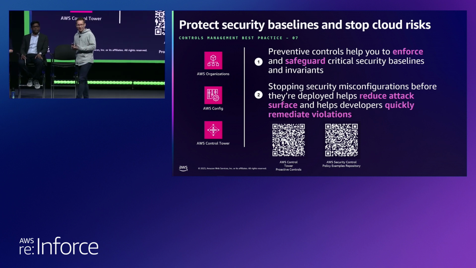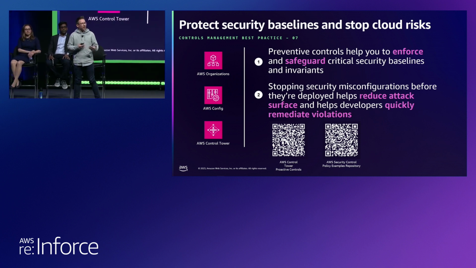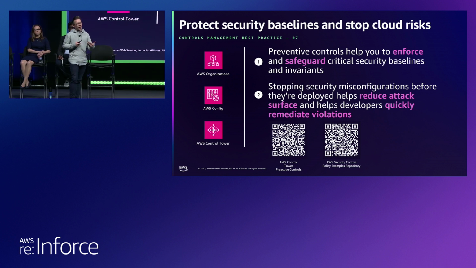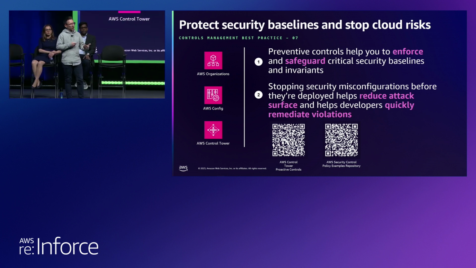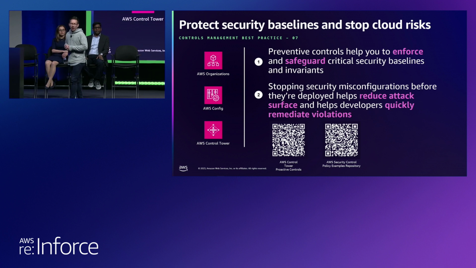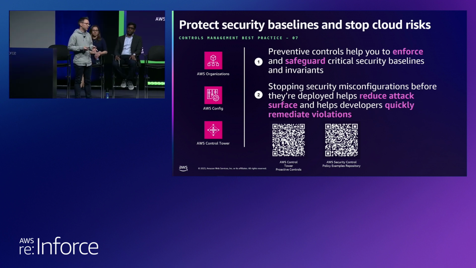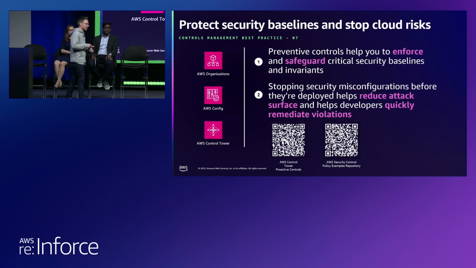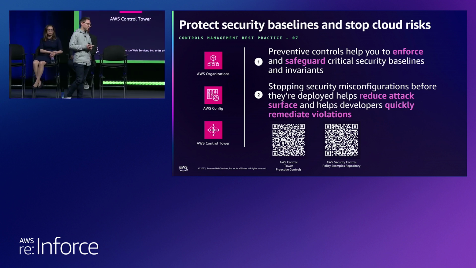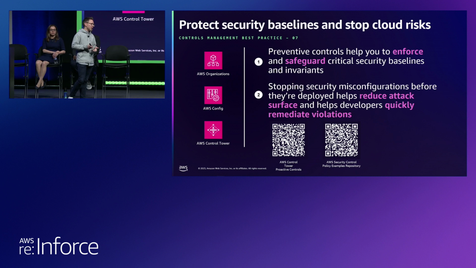Rather than have something get deployed into our environment and then have to remediate it or treat that risk, we're better off just stopping it in the first place. This also lets us shift responsibility for remediation to our developers. We detect it early in the pipeline, they get visibility into why it failed, and the responsibility for fixing it is on them to go back, fix their misconfiguration, and try again.